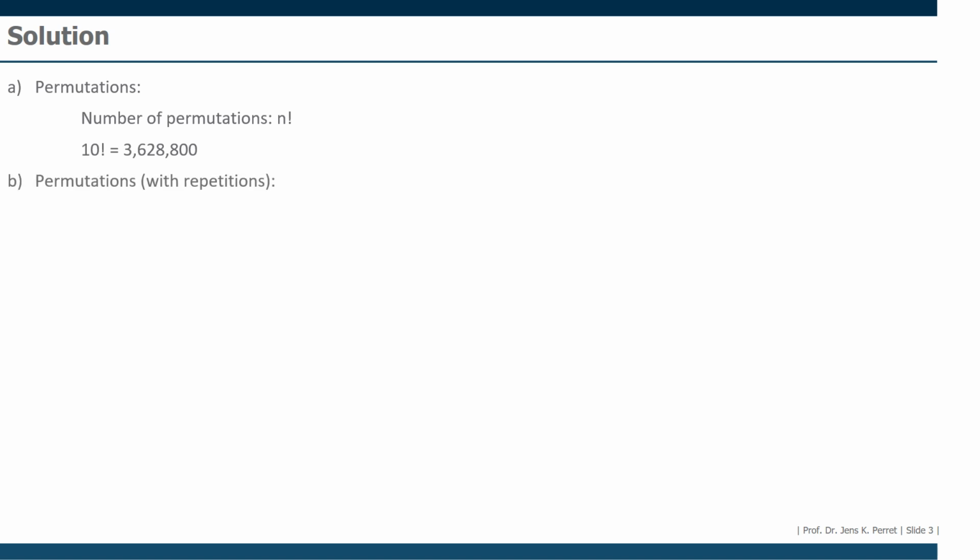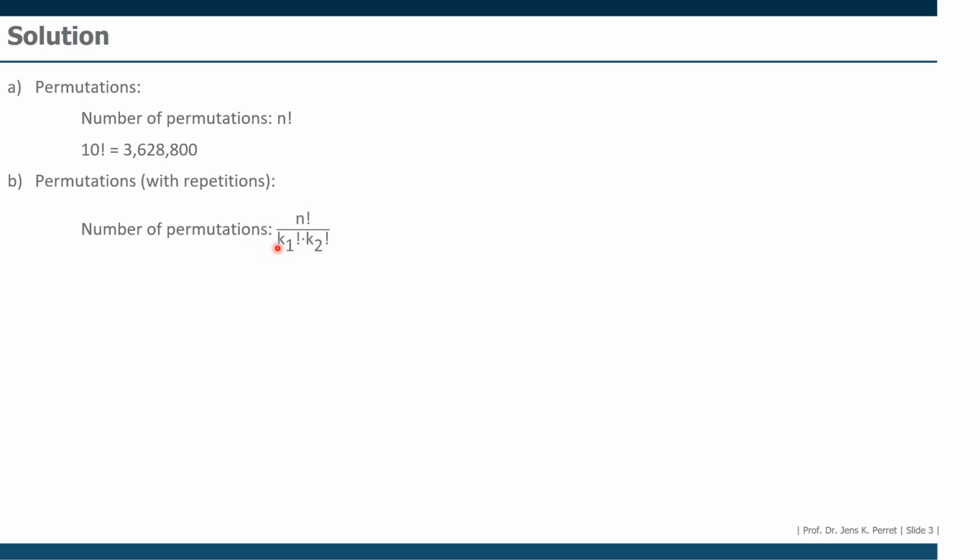If we only work with the fact whether the video is a music video or not, we're working with so-called permutations with repetitions. In this case, we're simply dividing into music video, yes, no. So we use the formula n factorial, that's the upper part, the 10 factorial we calculated here, divided by k1 factorial times k2 factorial.